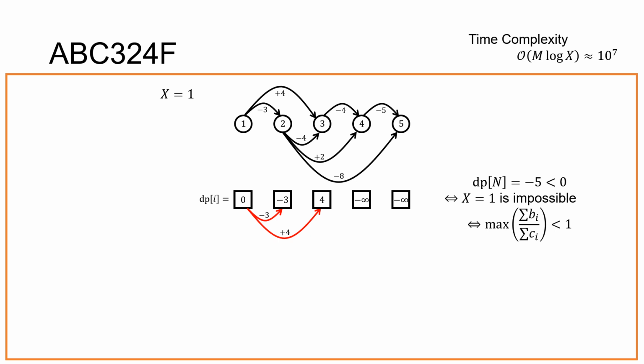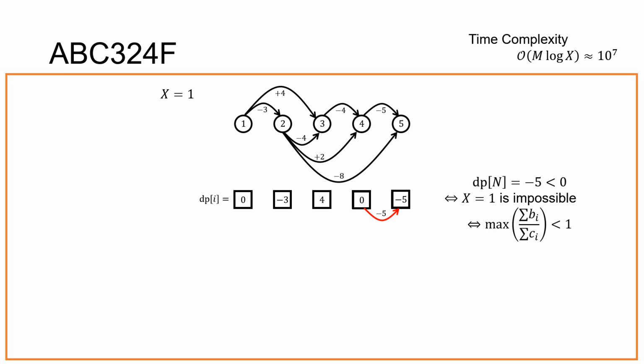Then we move on to v2 and update values. We continue this. Then at last we get the maximal value of dp of n. In this example, we have minus 5.